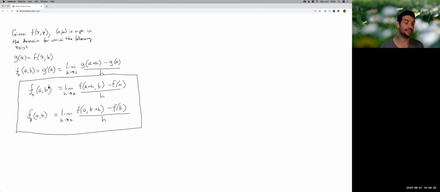We can generalize this. Instead of looking at a particular point, we can come up with the derivative as a function.